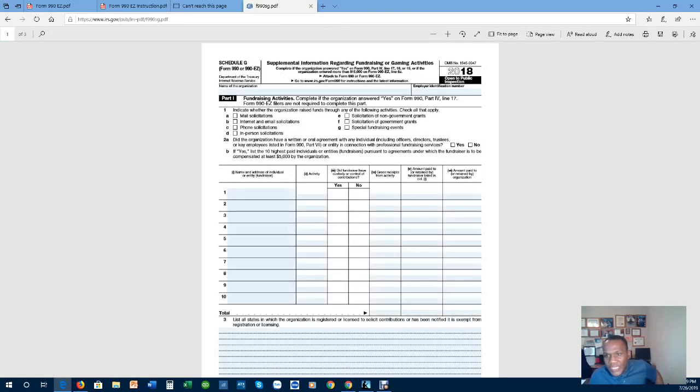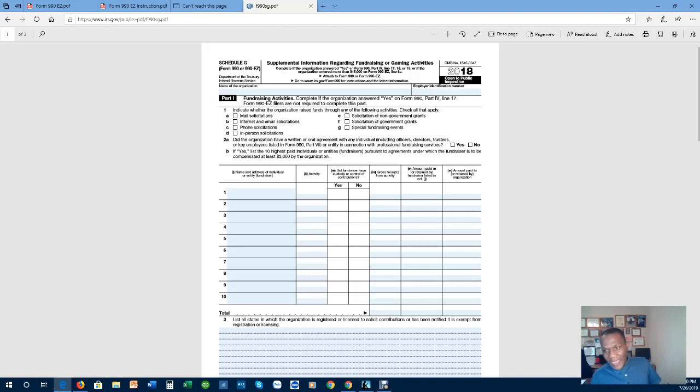Schedule G is for supplemental information regarding fundraising or gaming activities. If the organization is involved in fundraising activities or gaming activities, this form must be filed, and basically you must indicate whether the organization raised funds through any of the following activities. Check all that apply: mail solicitation, internet or email solicitation, phone solicitation if you make phone calls to donors to conduct fundraising, and in-person solicitation if you go door to door or meet people to raise funds.